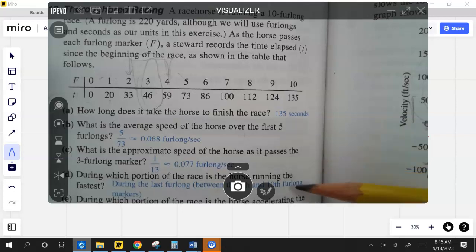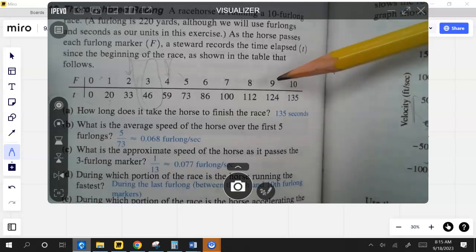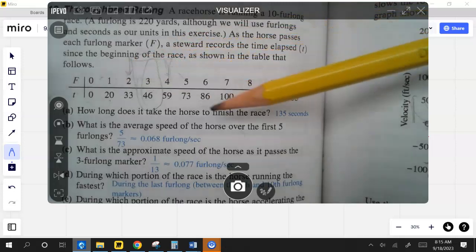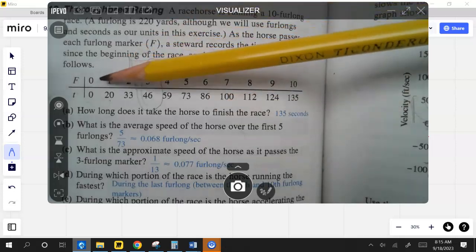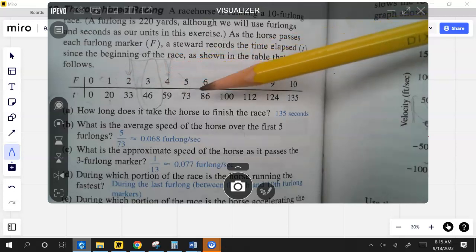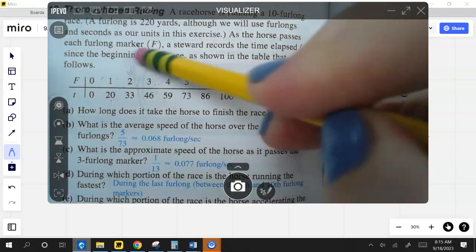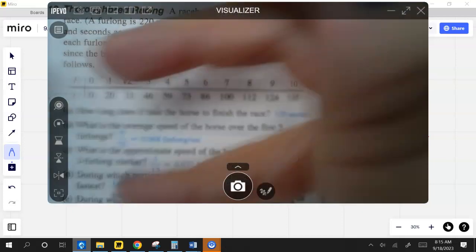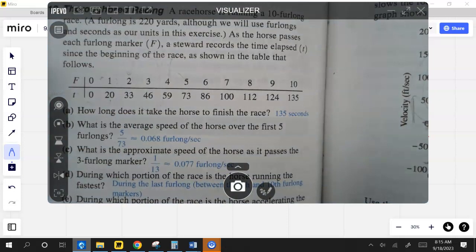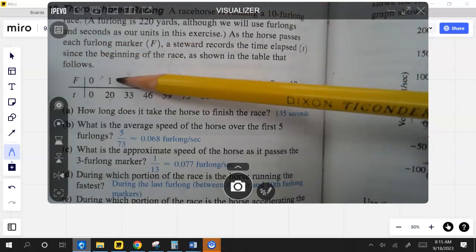During which portion of the race is the horse running the fastest? Since these are all equidistant, 0 to 1, 1 to 2, 2 to 3, 4 to 5, 5 to 6, those are all 1 furlong each time.